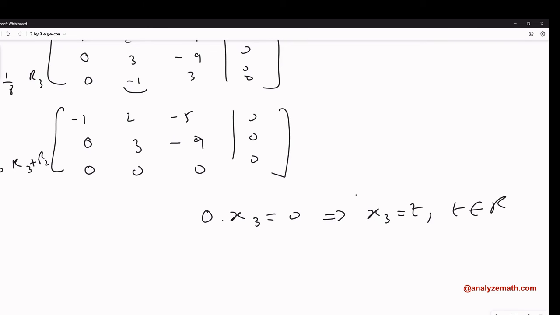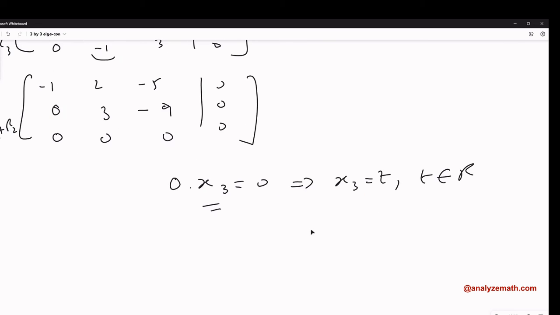Remember, if you put a real number here, you multiply it by 0, it gives you 0. Now the second equation, we go to this row now. The second row gives me 0x1, so that's 0, 3x2 minus 9x3 equal to 0. And then when I substitute x3 by t, that gives me x2 equal 3t.